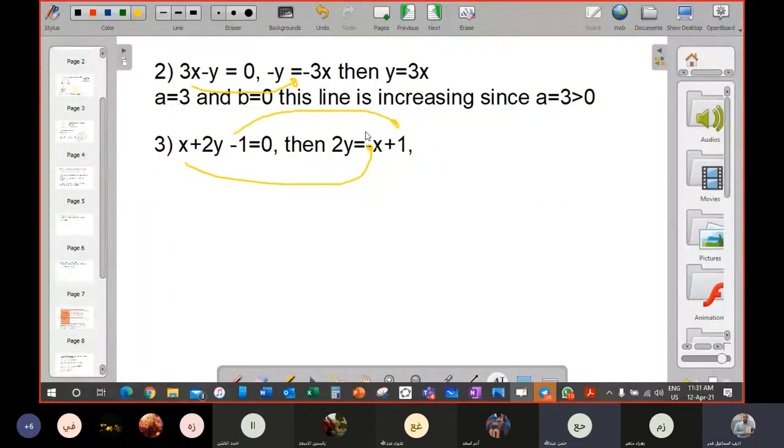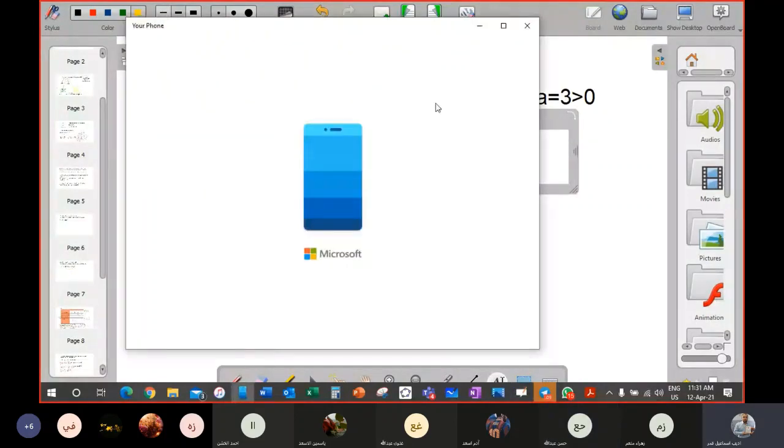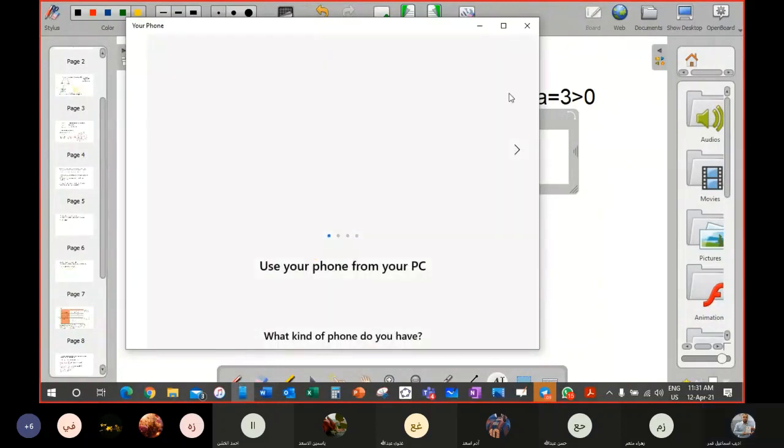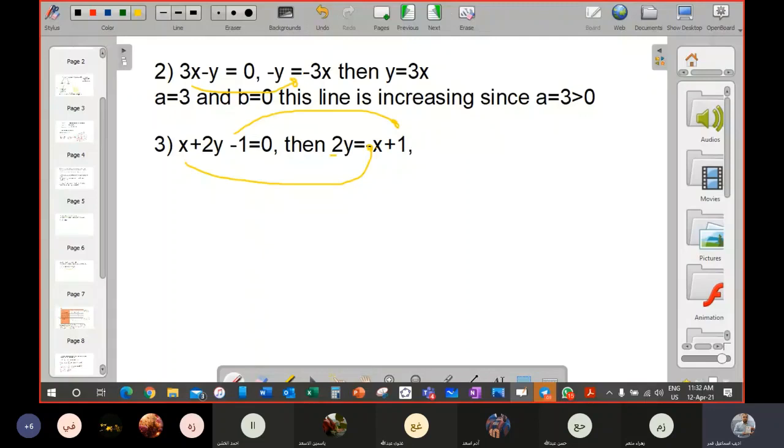And we divide both sides of the equation by what? By 2. We divide both sides of the equation by 2. So here we say over 2 and all these over 2.